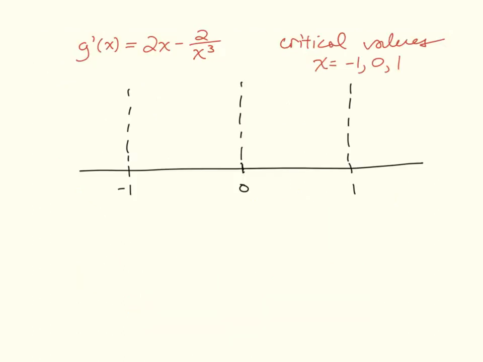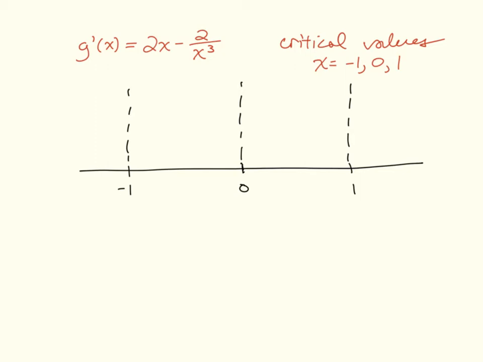On this slide, I have the derivative from the previous slide, the critical values, and the critical values already mapped out on a number line. The critical values are what separate an interval from being increasing or decreasing.